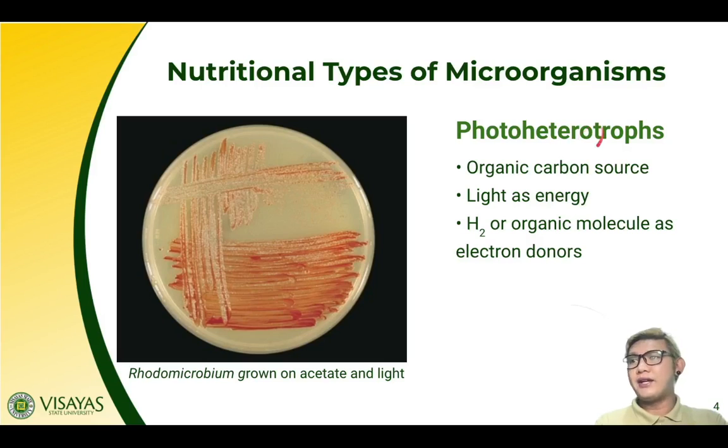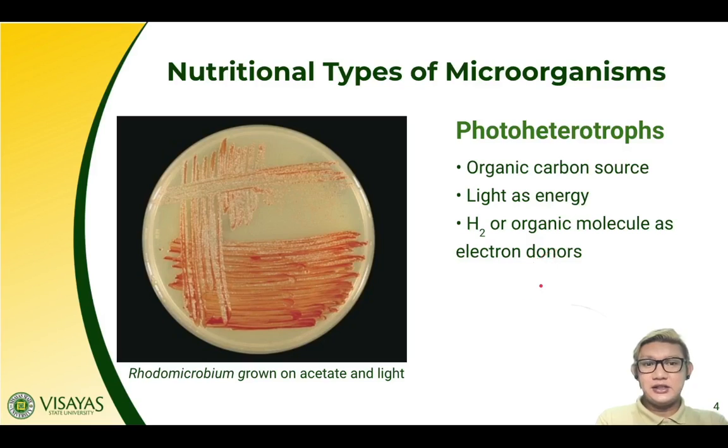Photoheterotrophic microorganisms use organic compounds as carbon source, and just like photoautotrophic organisms, they use light as source of energy. They could use H2 or some organic molecule as source of their electron donors.